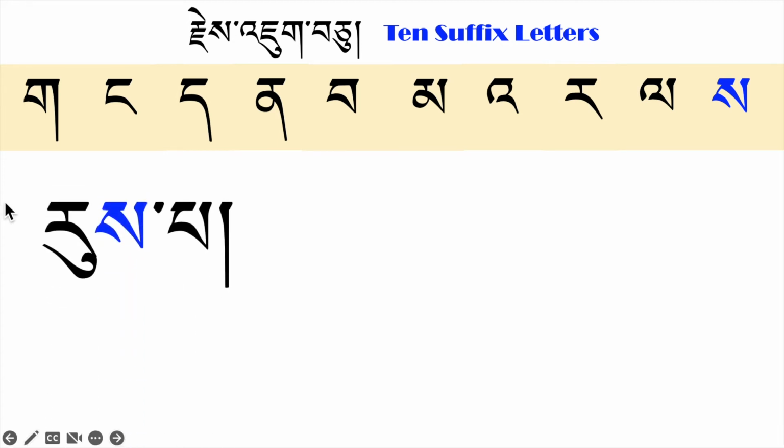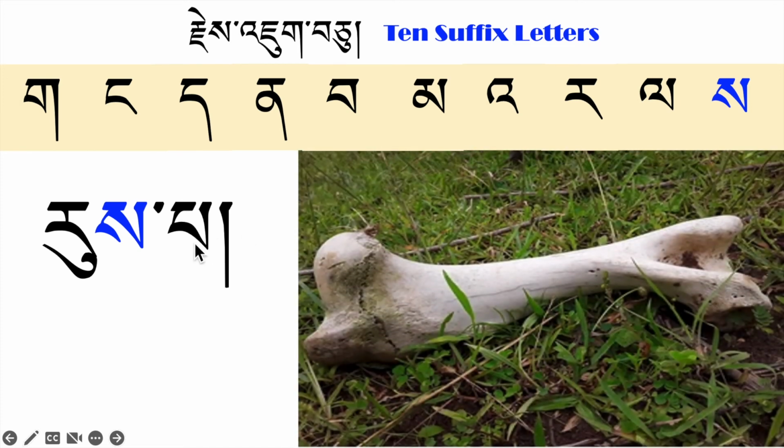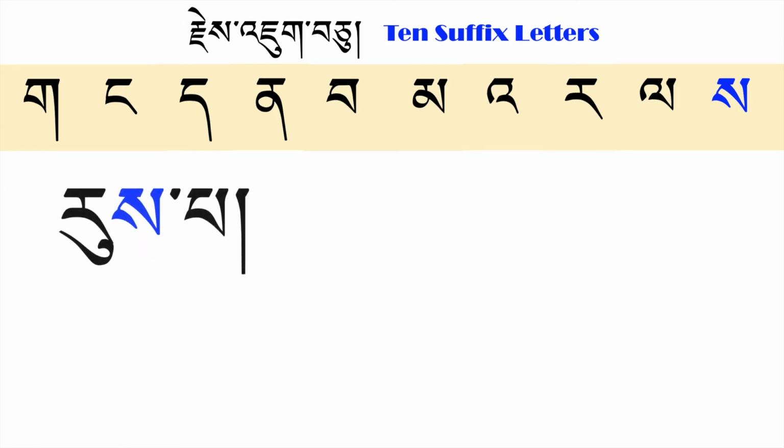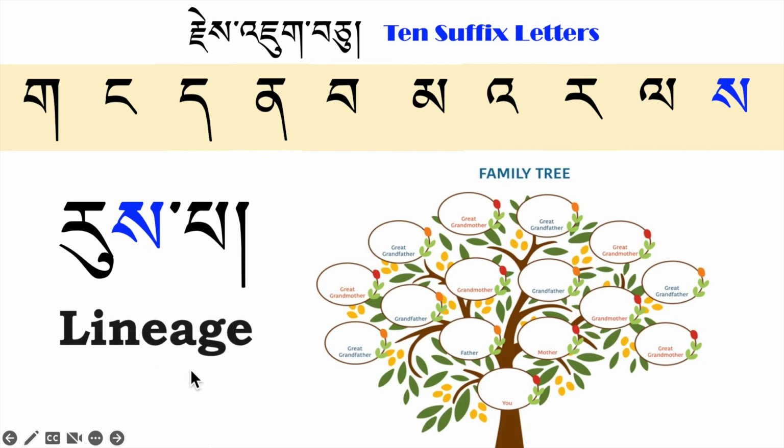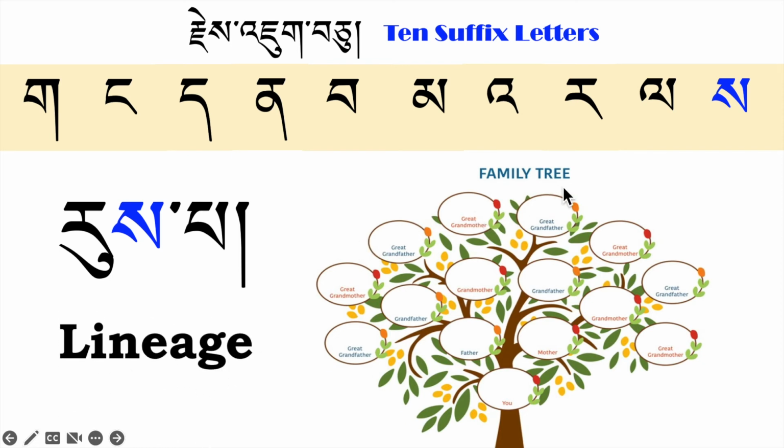Next one, ra shabju ru, sa, ru pa. Rupa meaning is bone. And we have another meaning, ripa. The other meaning is like a lineage, like a family tree. Family tree or lineage is the same, your ancestors. That is also called ripa.